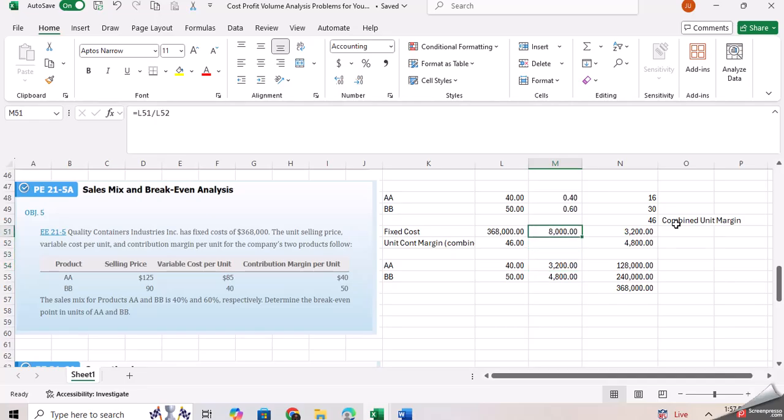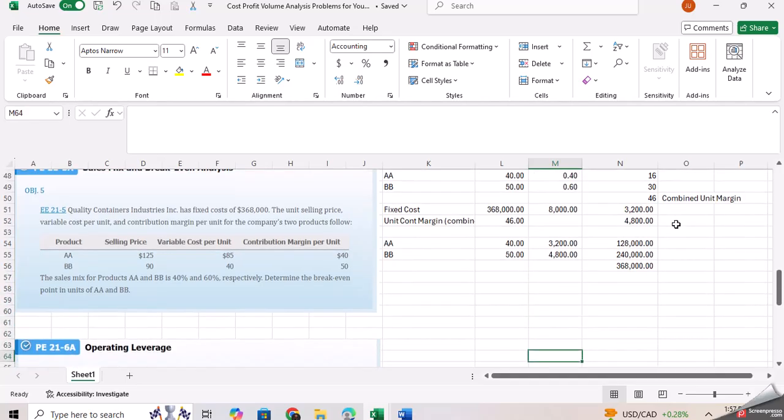So then we came up with our fixed costs, divided that by our combined unit contribution margin, again, based on the percentages that each one is selling. And then that gave us our total units. Then I broke them out by the percentages that each one is selling. And then I just double checked it because again, it looked a little off.